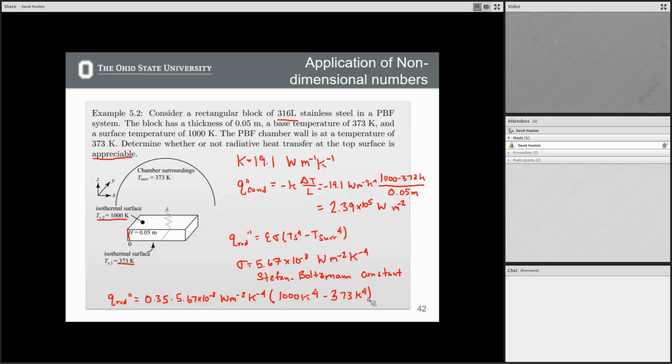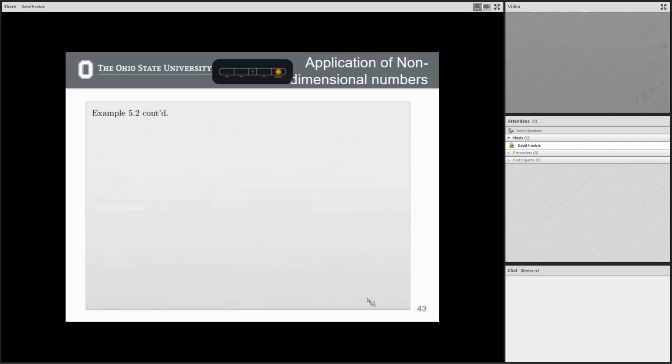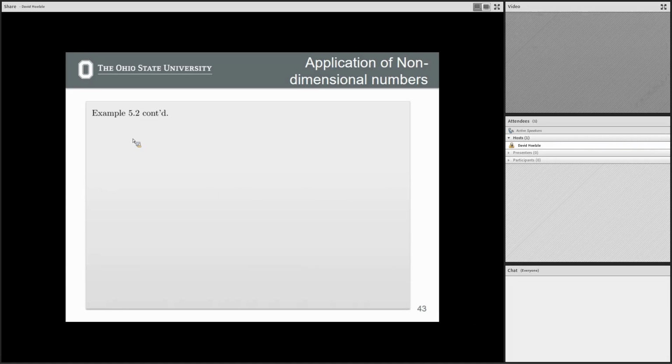If you look, we got watts per meter squared for conductive heat transport. If we look at the units here, we're going to get watts per meter squared as well, because this K to the negative 4 is going to cancel with this K to the 4, right? Those would cancel out. So we get the Q from radiation.